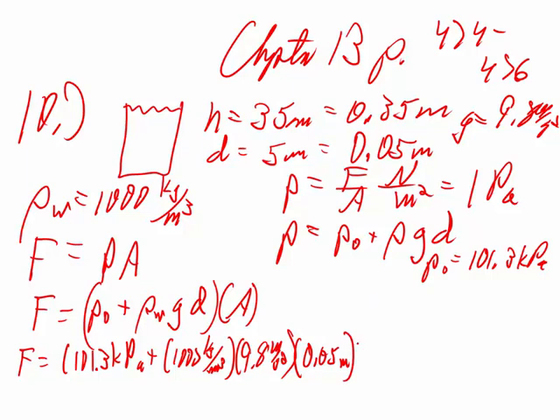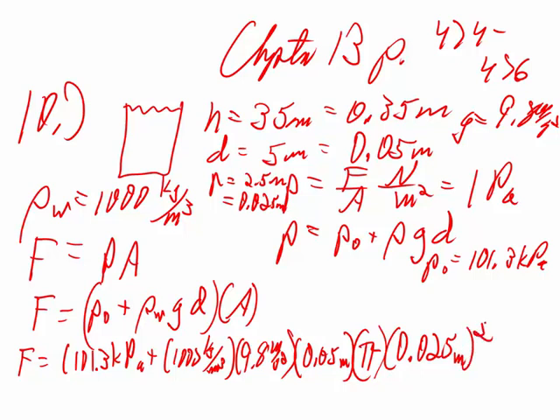And then we have to do the area. Now we have to find the radius. The radius would be 2.5 centimeters, therefore 0.025 meters. So we've got pi times 0.025 meters squared.